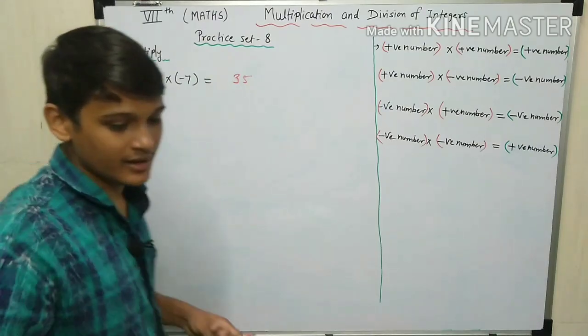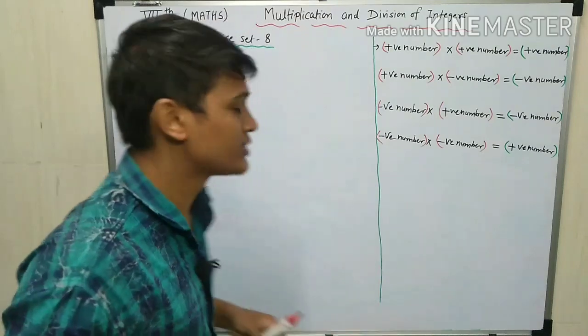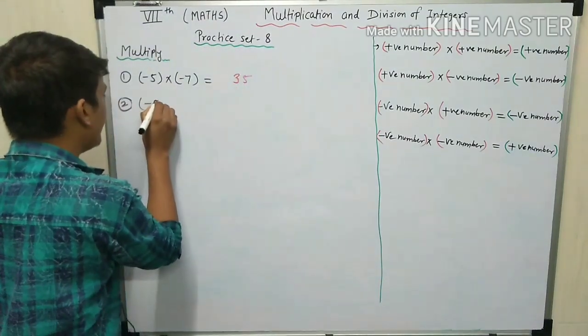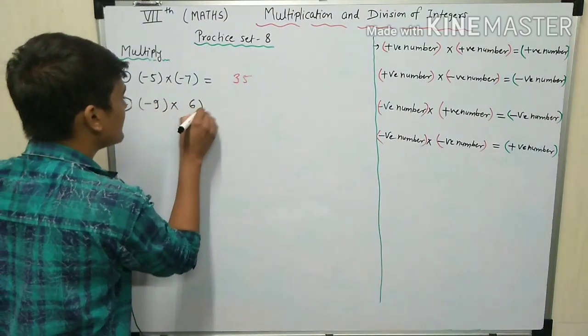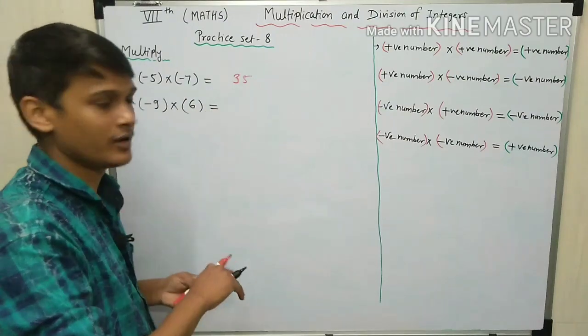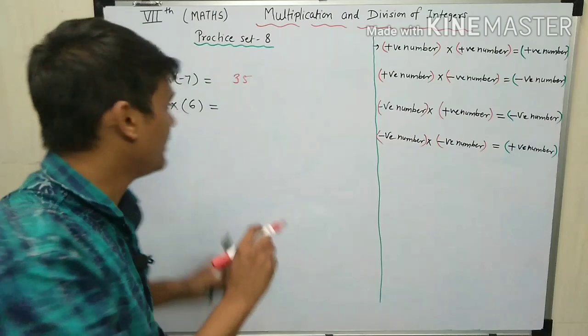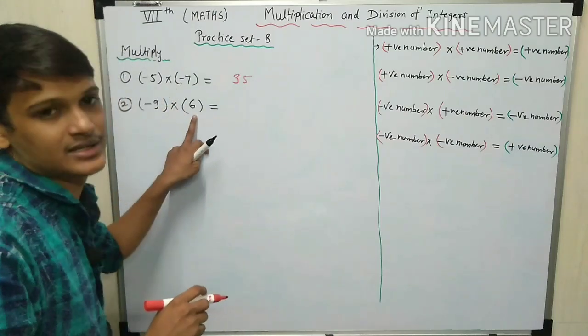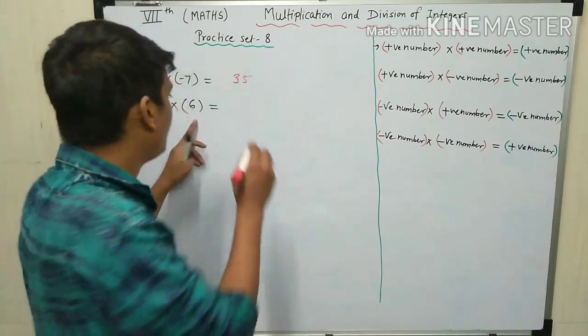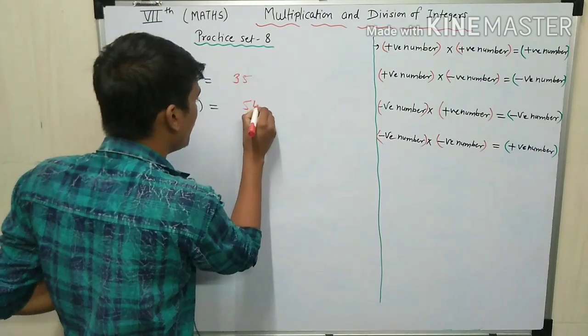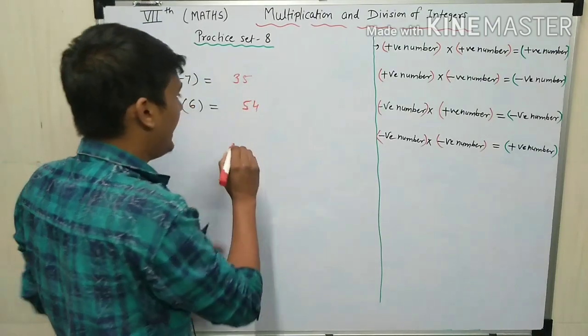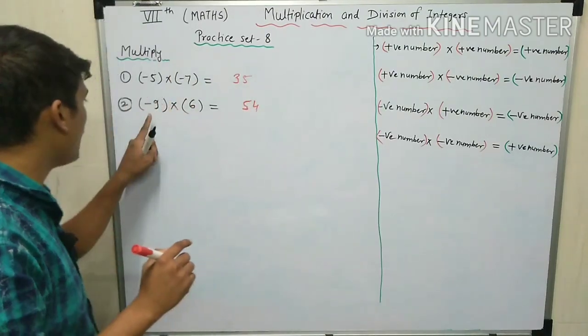The second question is minus 9 into 6. Minus 9 into 6 is equal to what? First we multiply the numbers, 9 into 6. 9 sixes are 54. We can write here 54. And now the sign.